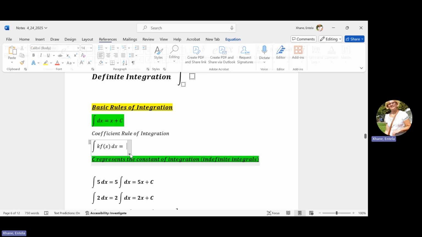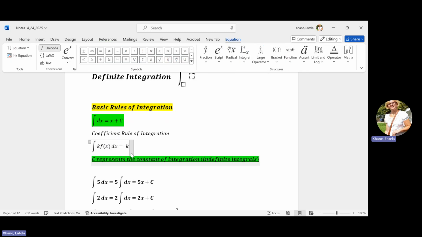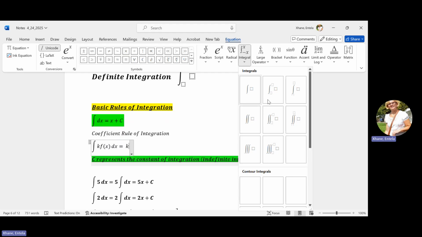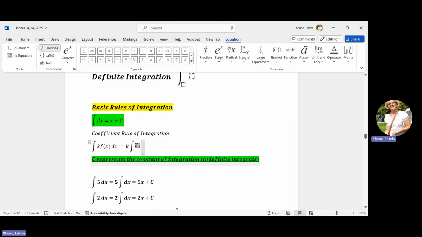We do not integrate coefficients. So the outcome is going to be still k. And then all you have to integrate is this function f of x dx.